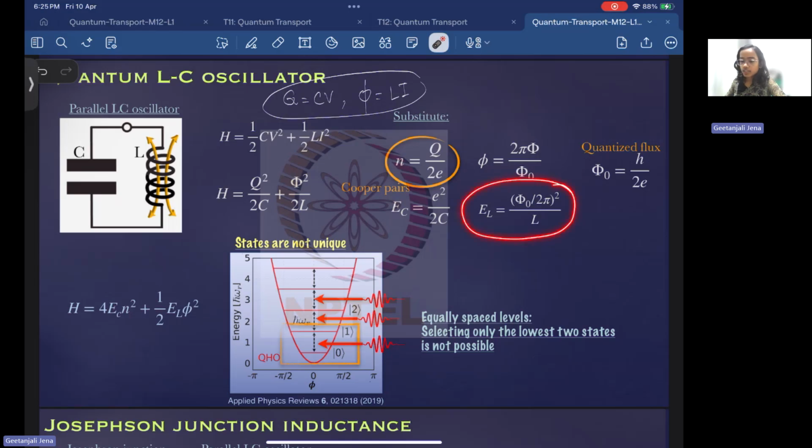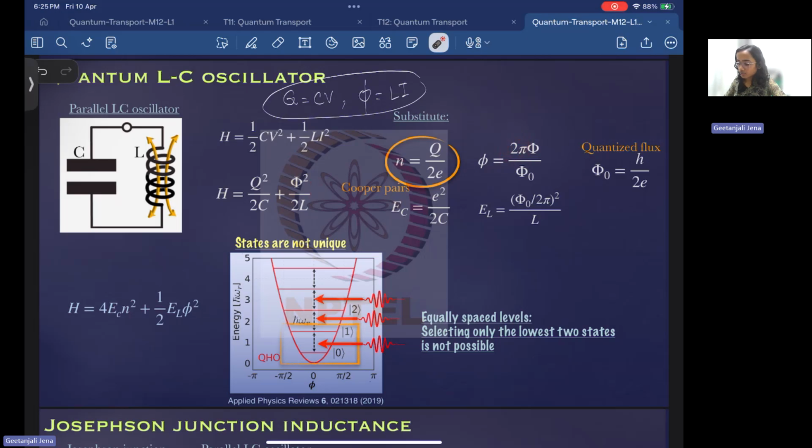Another is the charging energy, which we already know is e squared by 2C. And another energy that we can write, the energy of the inductor, let's say EL, is phi 0 by 2 pi, squared, divided by L. So in terms of these parameters, we just make some adjustment in this Hamiltonian so that we divide q by 2e and multiply by a factor of 2e, and we also divide phi by phi 0 and multiply it by 2 pi.